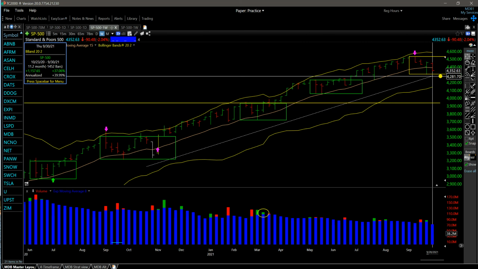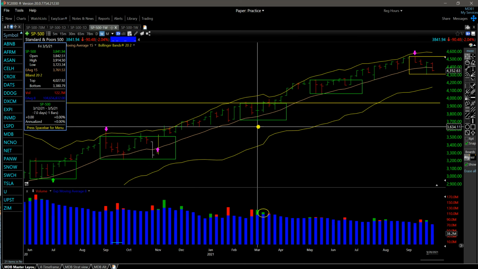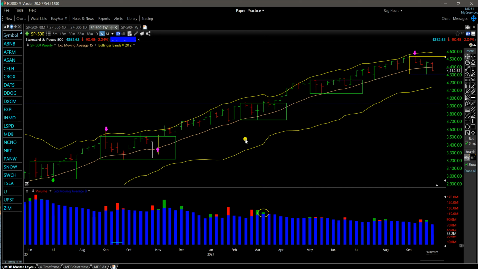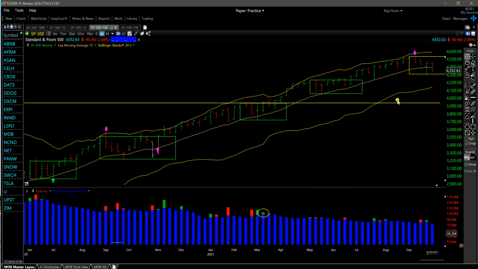It has been pierced. It was pierced here, last pierced in beginning of March of 2021. But the prior time when it actually closed below the moving average was here back in October, November of 2020. So almost a full year above the weekly moving average.